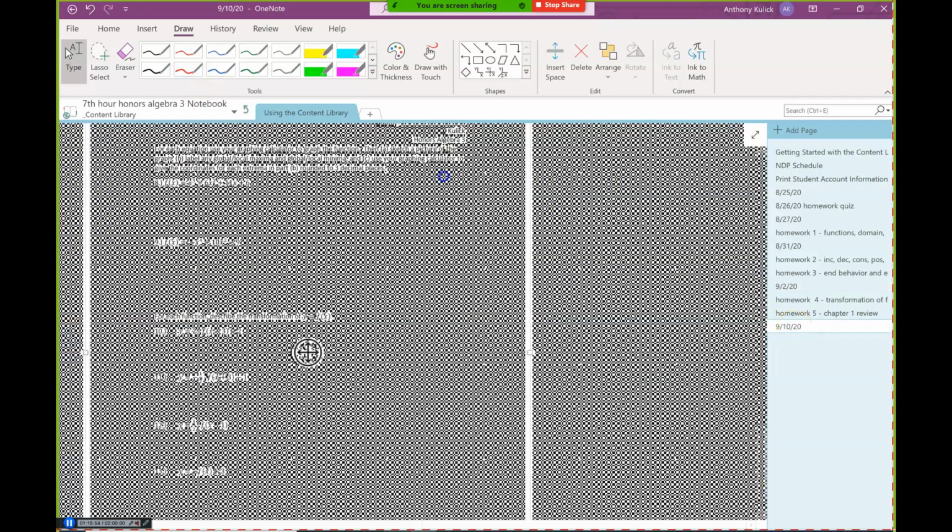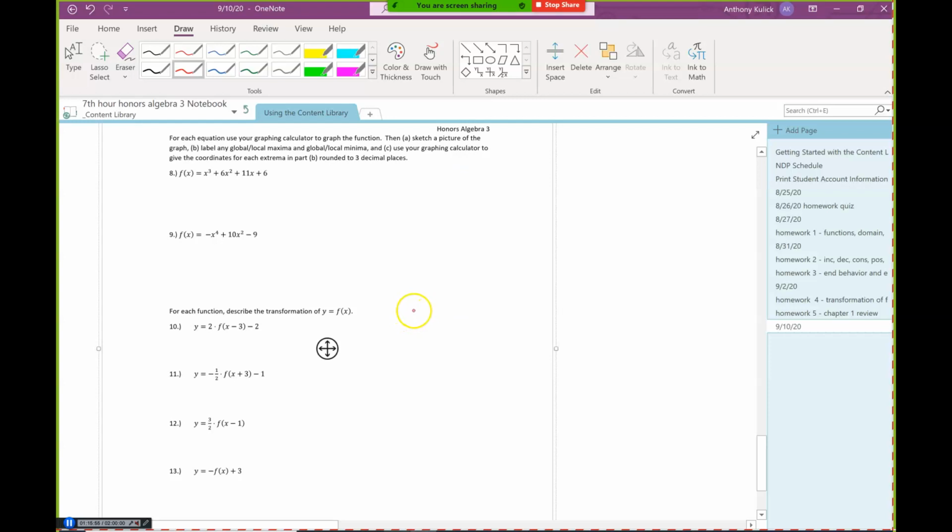So here, just like we did on the other number 10, I'm going to start by using this to find out the values for A, B, H, and K.